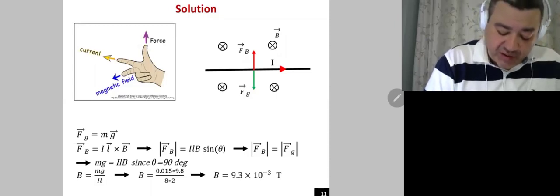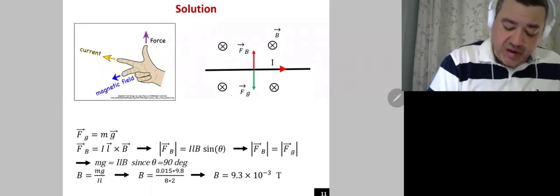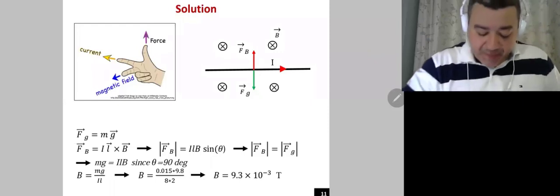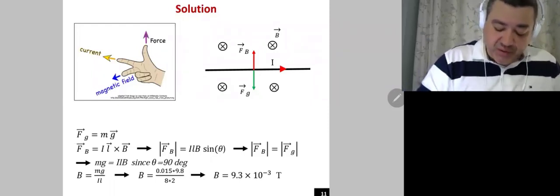So you always look at it as A cross B, which gives you the resulting vector. If the current is A, the magnetic field is B, then this vector would be A cross B. So the thumb will be pointing toward the force.